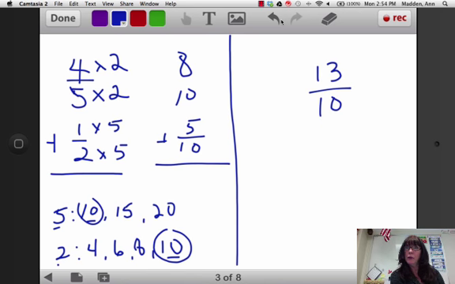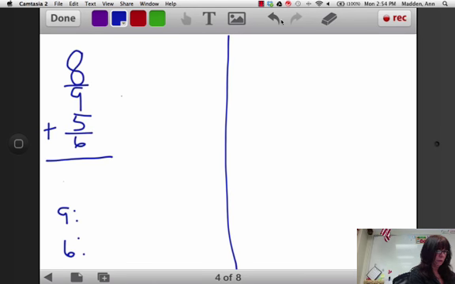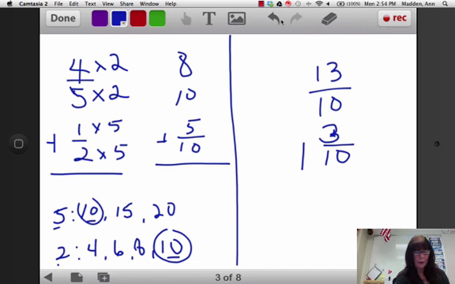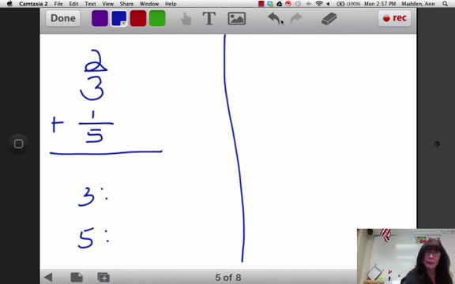So let's change it to a mixed number, and we all know how to do that. So 10 goes into 13 once, with 3 left over 10. Next example.